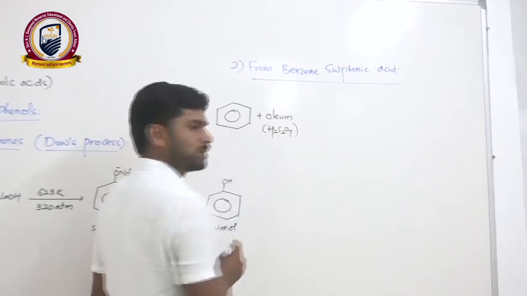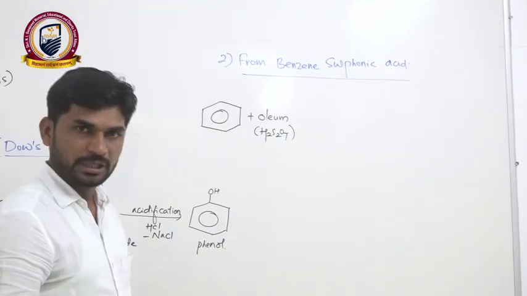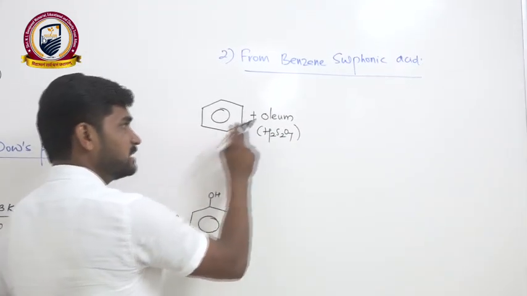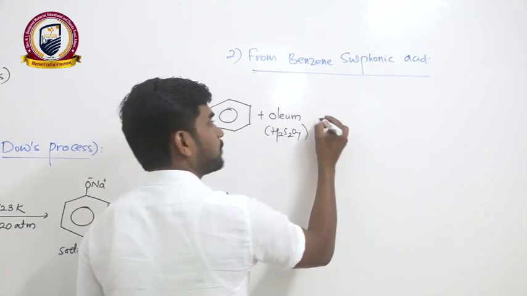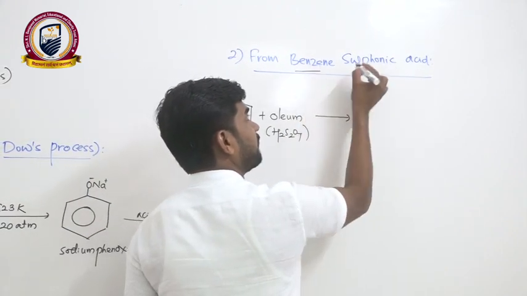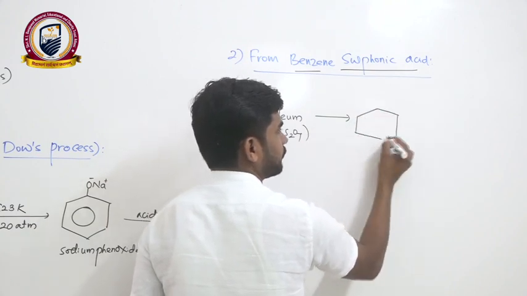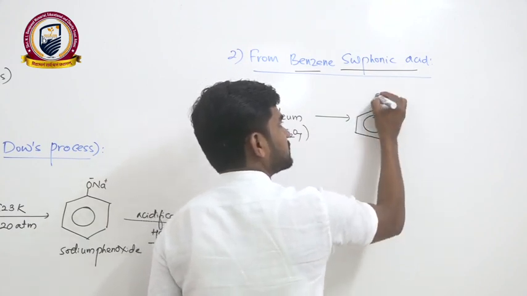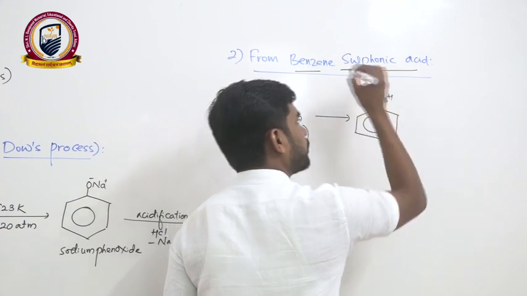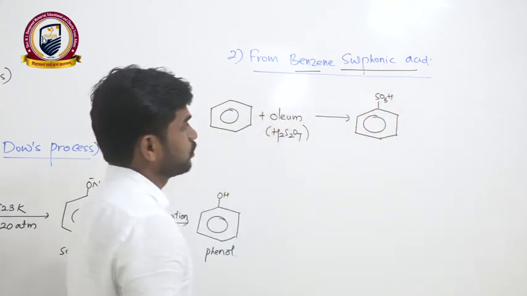I think you know the composition of oleum is H2S2O7. H2S2O7 is commonly called oleum. So when benzene is treated with oleum, there is a formation of benzene sulfonic acid. You know the functional group of sulfonic acids is SO3H.